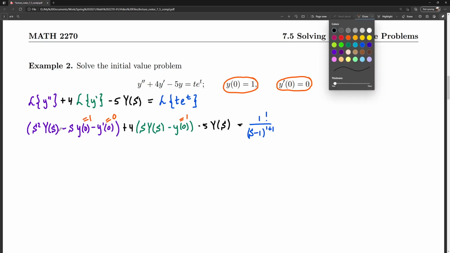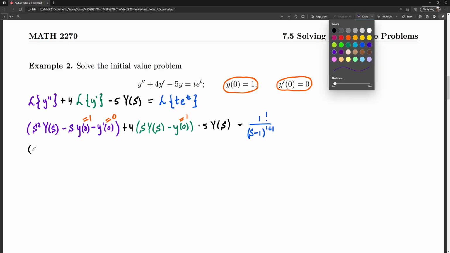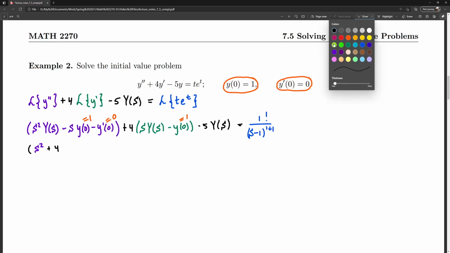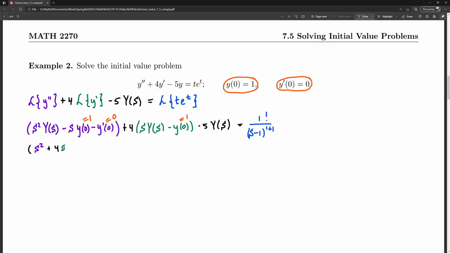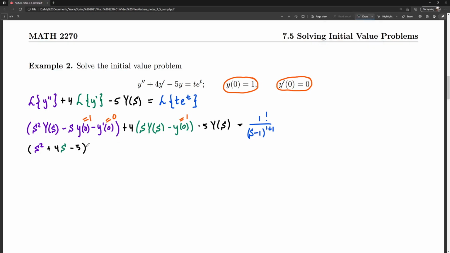So now let's combine everything with Y of s. So what we get is s squared plus 4s minus 5 times Y of s.